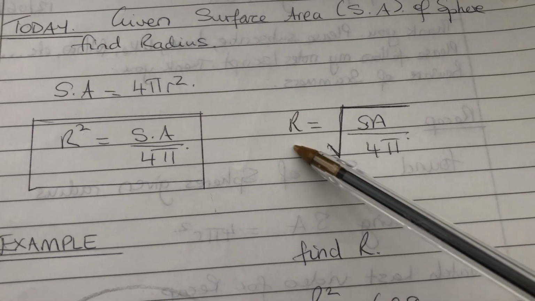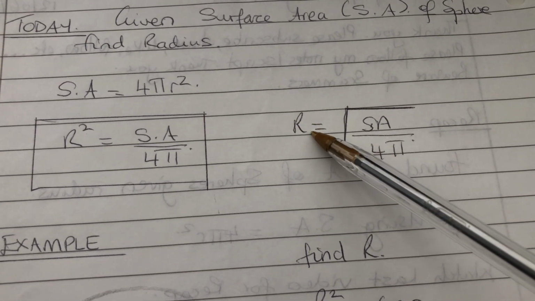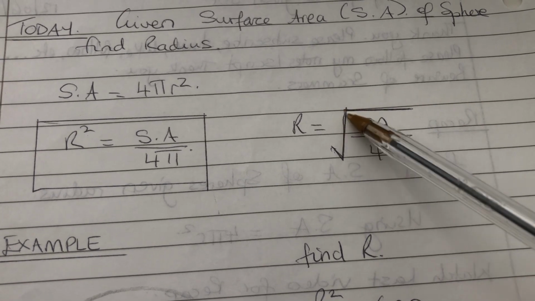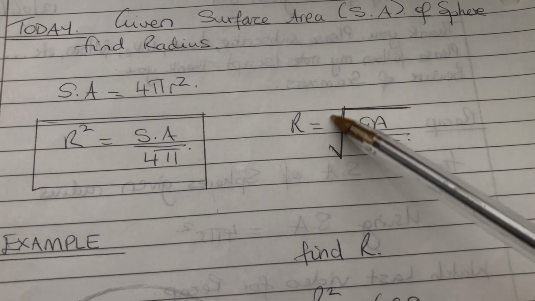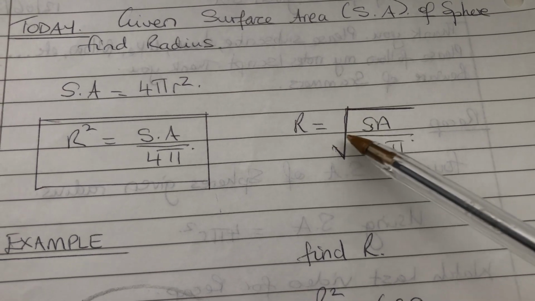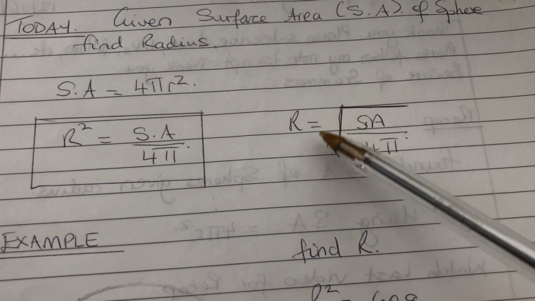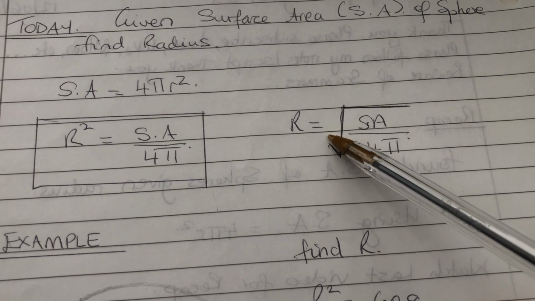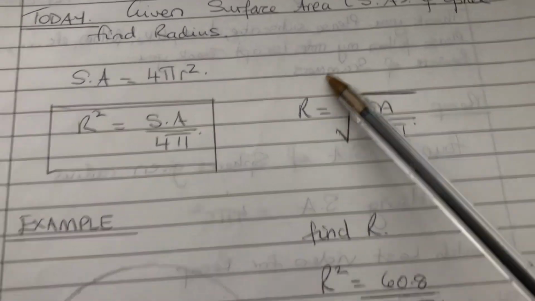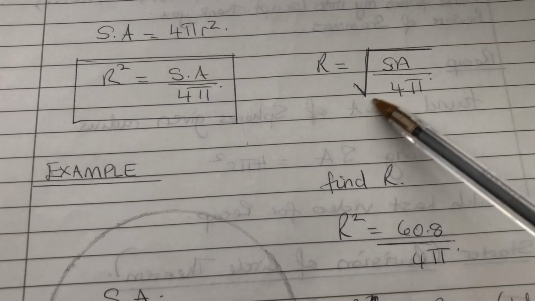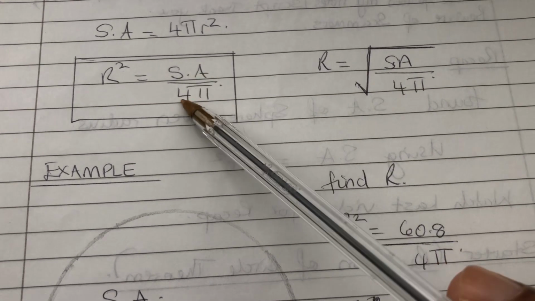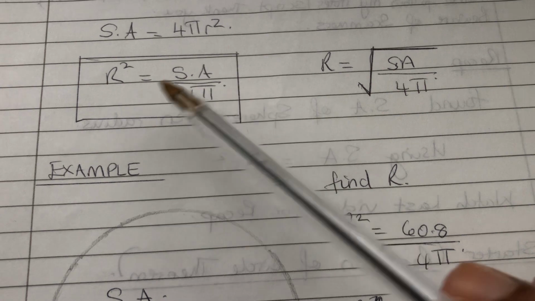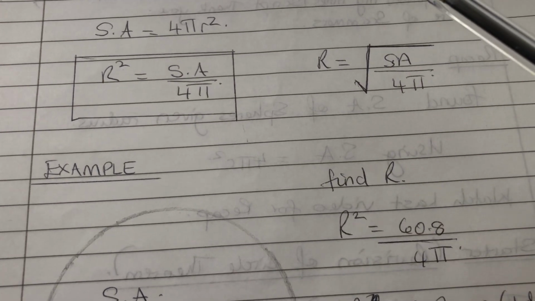And because r is the length, the radius, we will choose the positive. So I've been saying this for a long time. That is why I didn't bring the plus or minus. So this is the formula we need. Or you can just do surface area divided by 4 pi and then you square root it.